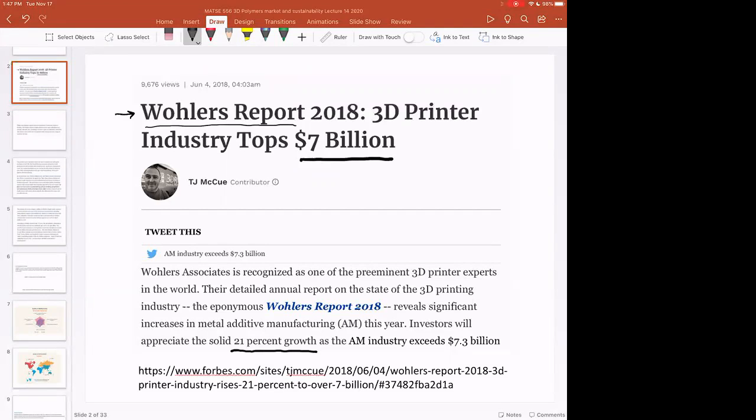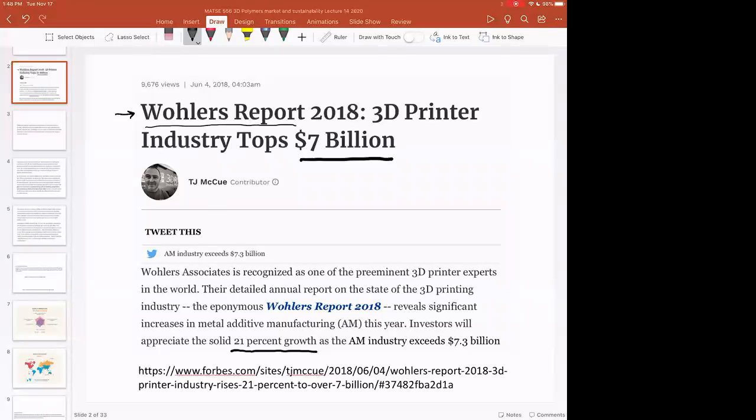And we'll talk about what 7 billion means in terms of the size of markets and what 21% growth means. But 7 billion, and I'll just take this as a caveat now, compared to the other industries that we're going to talk about, like the aerospace industry or the automotive industry, or even the apparel industry, additive manufacturing is still relatively small compared to other big market segments.